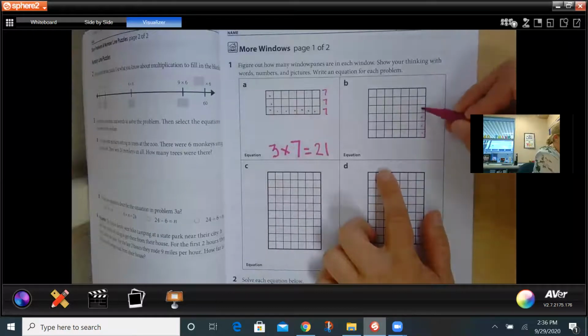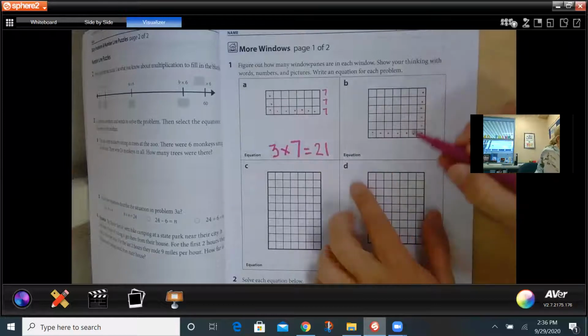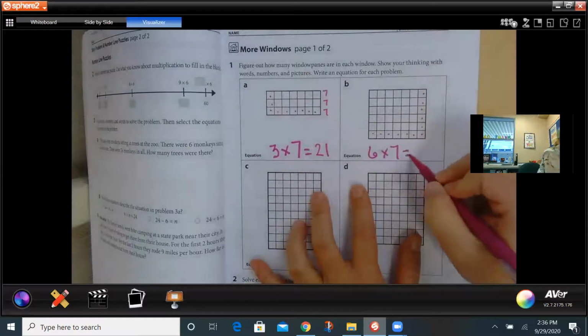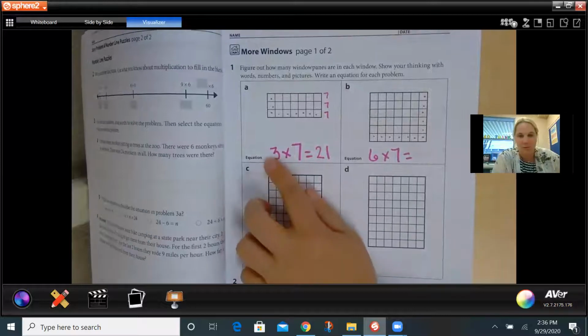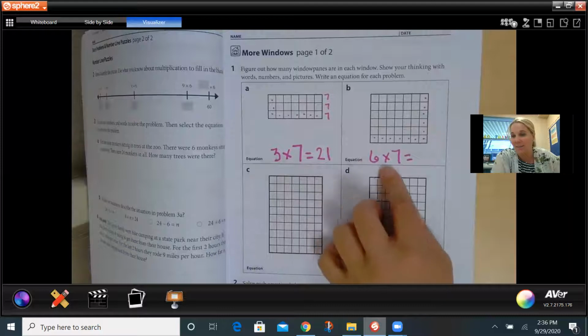All right, next one. 1, 2, 3, 4, 5, 6. 1, 2, 3, 4, 5, 6, 7. Ooh. 6 times 7 equals, does anybody see how we could use the 3 times 7 to figure out what 6 times 7 is?